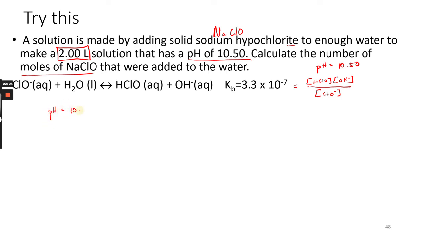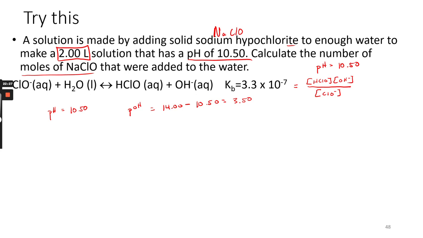What could we get from the pH? The pH can give us hydronium, but we have hydroxide here. Well, luckily, your pOH is 14 minus your pH. So when you subtract the two, you're going to get 3.50.